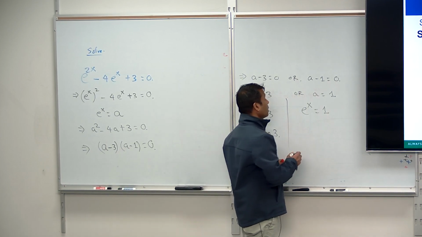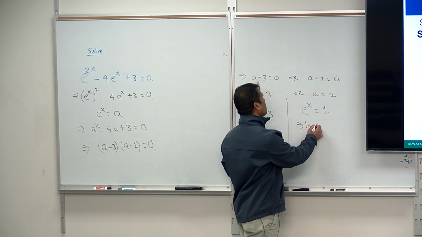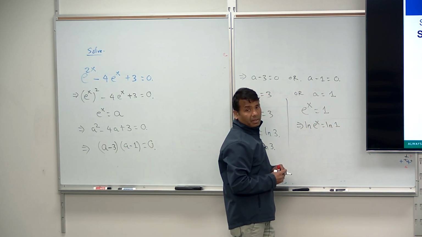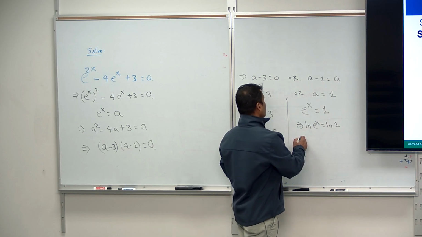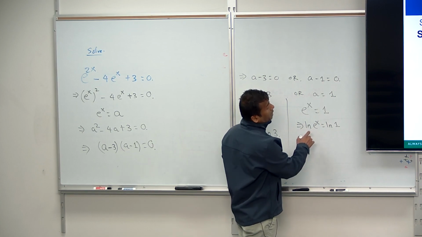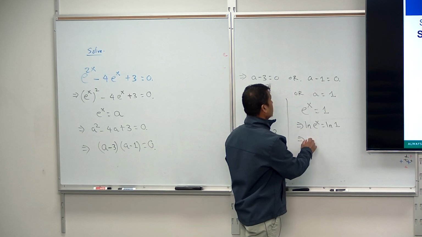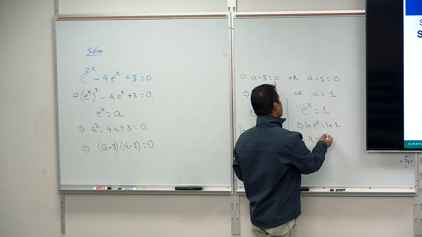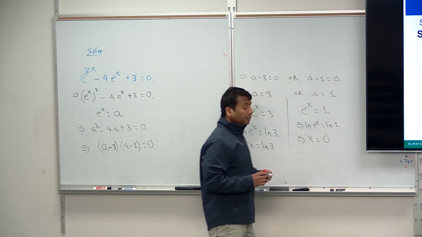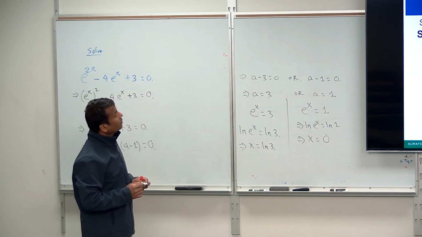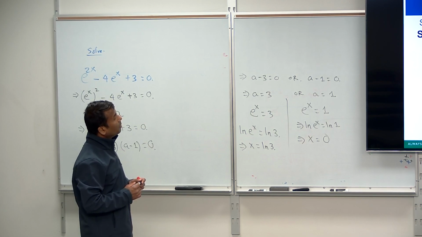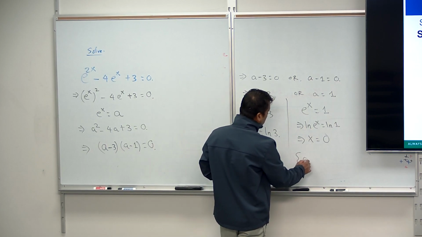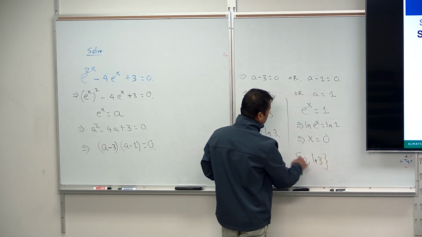So e to the power x equal to 1, so ln e to the power x equal to ln 1. Make sense? And ln e to the power x is x. So what is ln 1? 0. So the value of x is either 0 or ln 3.